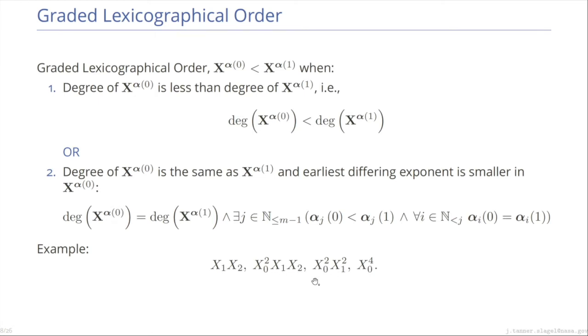Now, of these middle two, this second one is less than the third one because the exponent corresponding to x1 is raised to the first power, whereas x1 is raised to the second power here. So this is less than this. And then finally, x0 to the fourth is the greatest monomial because it has the highest exponent of the very first variable.